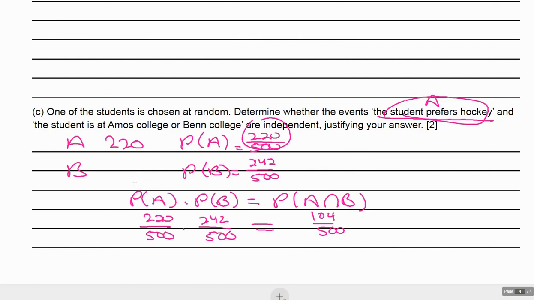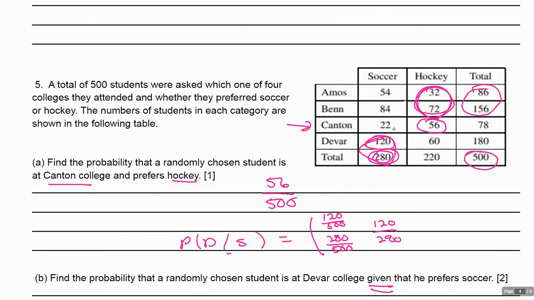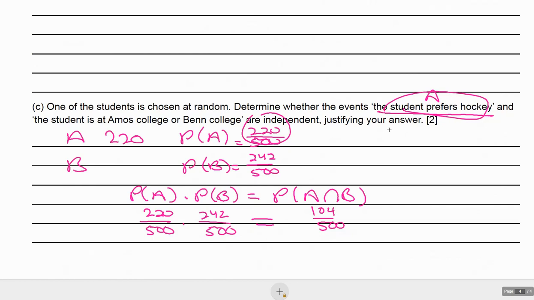In defining independence, think of this as meaning and. They have to want the probability of them being from those colleges and liking hockey. These are the people that are from those colleges and they like hockey. Does that make sense?